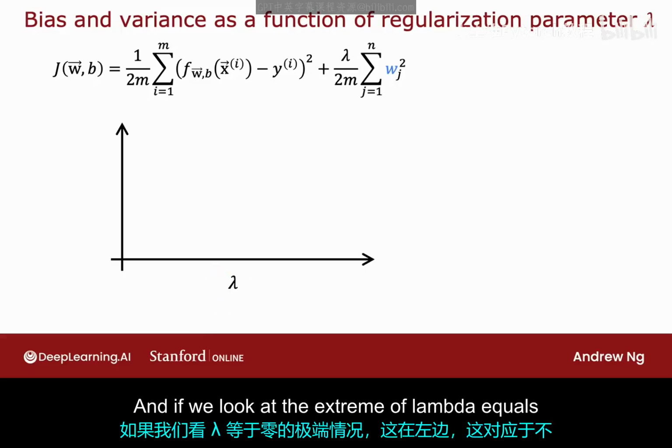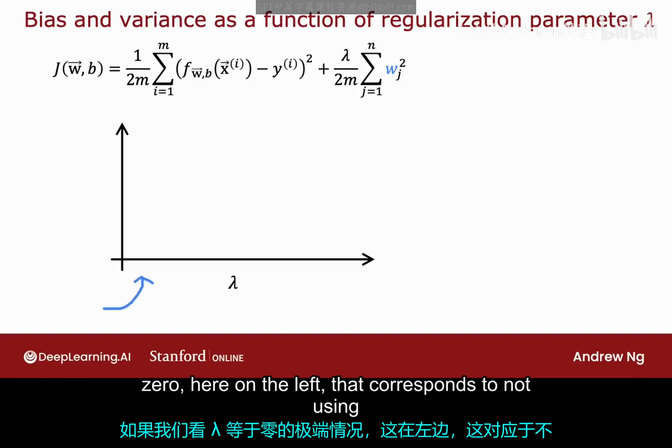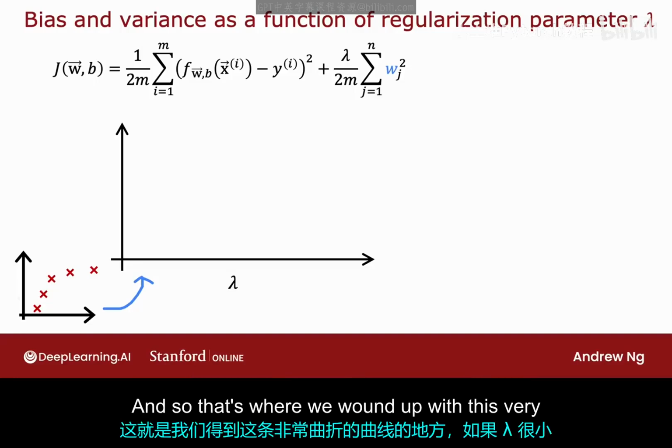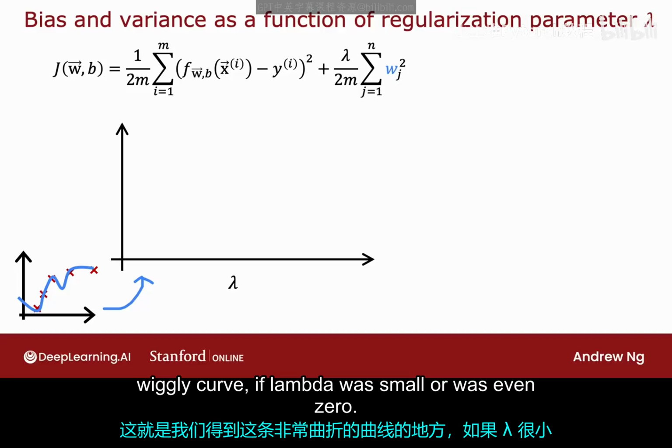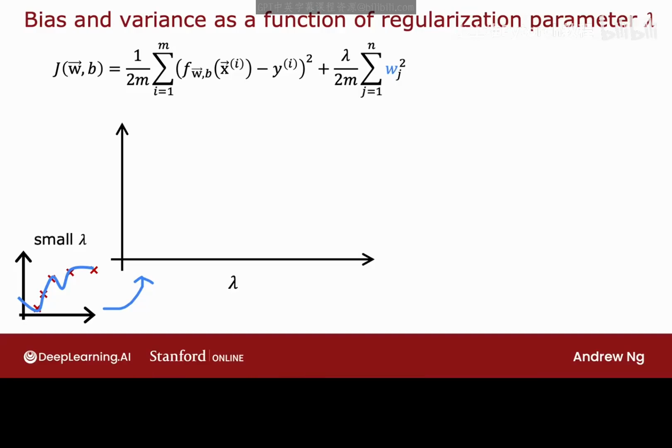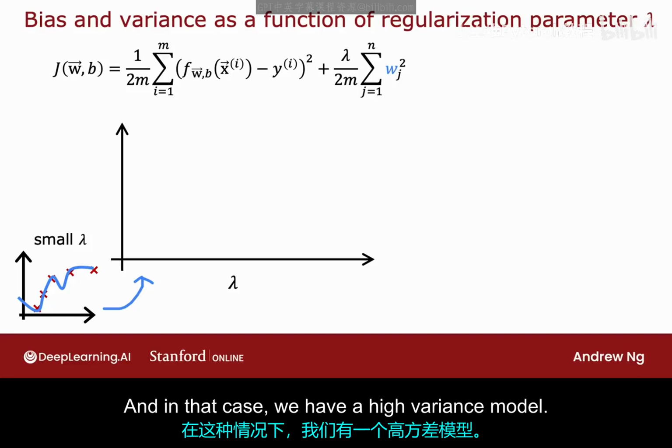If we look at the extreme of lambda equals 0, here on the left, that corresponds to not using any regularization. And so that's where we wound up with this very wiggly curve, if lambda was small or even 0. In that case, we have a high variance model.